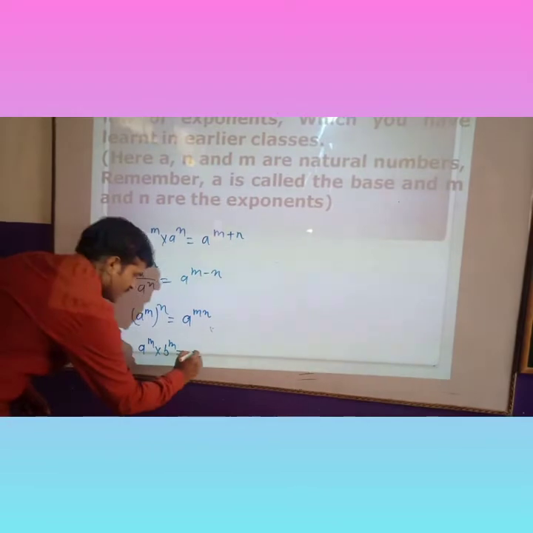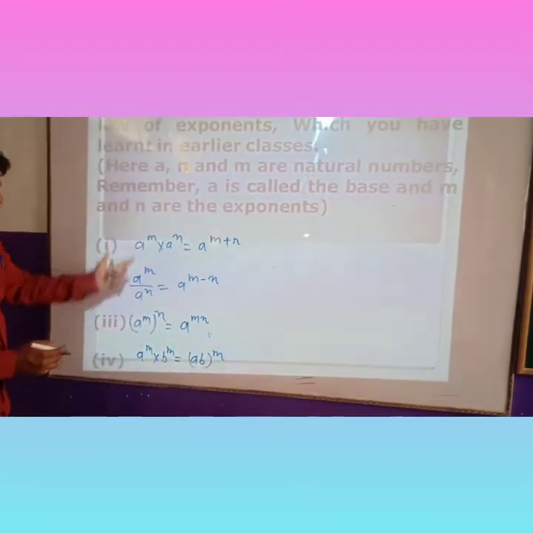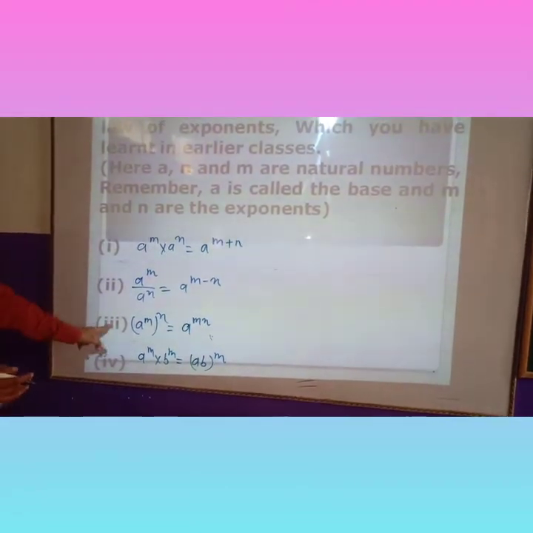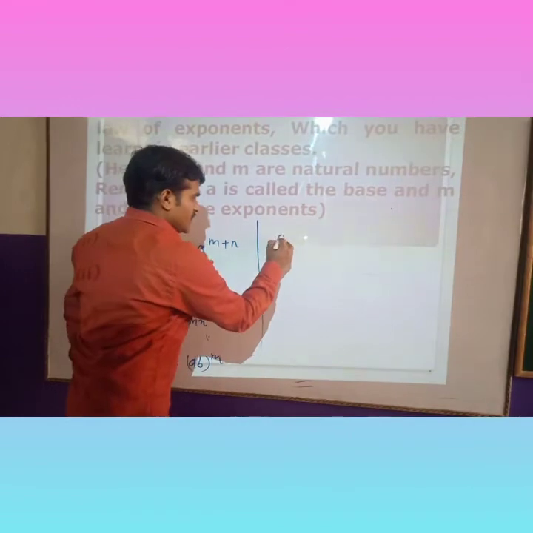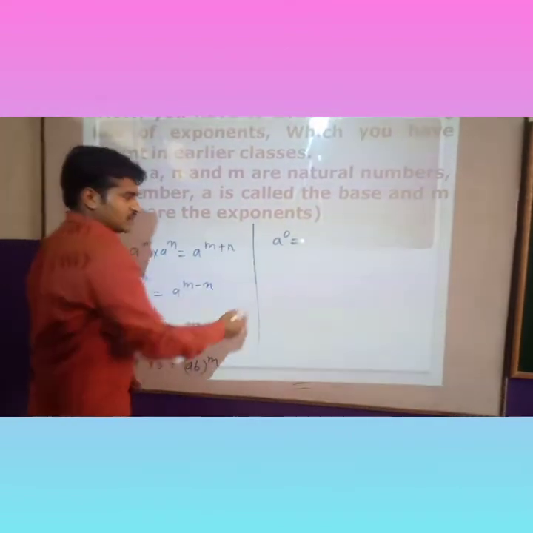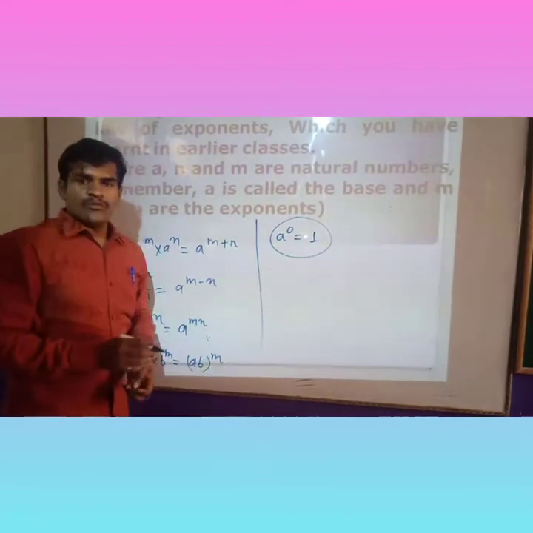So what will we write there? ab power n. This is the law of exponents. These are all the laws of exponents. And one more is there: a power 0. If n is 0, then its value will be 1.